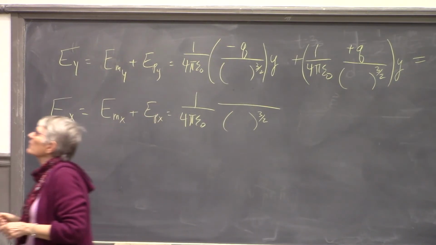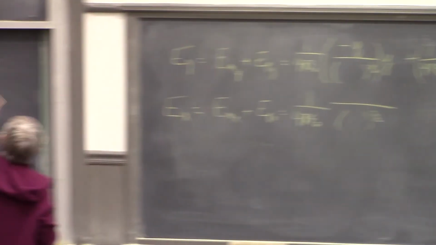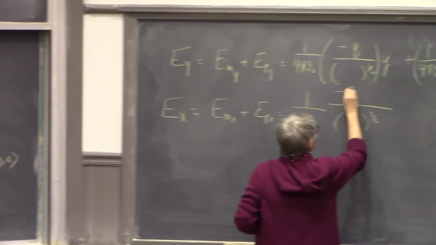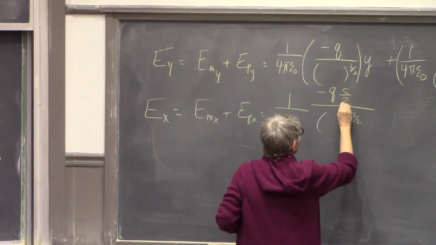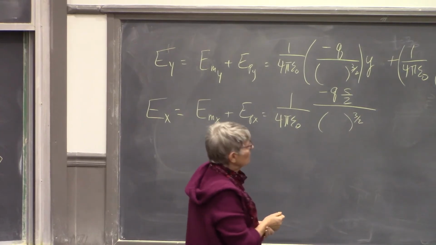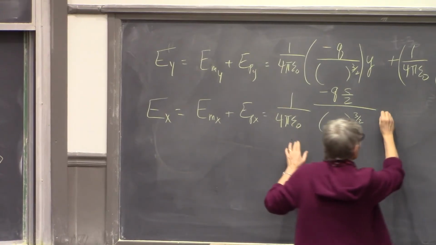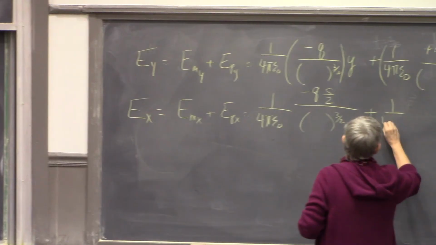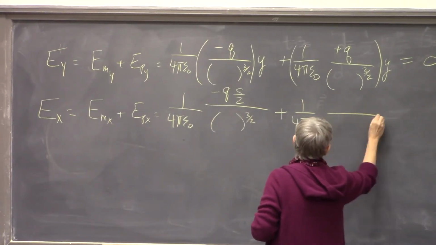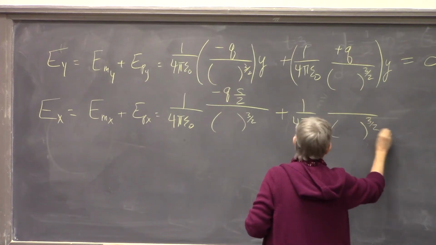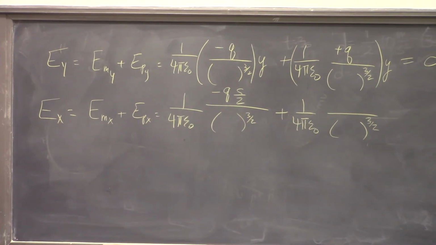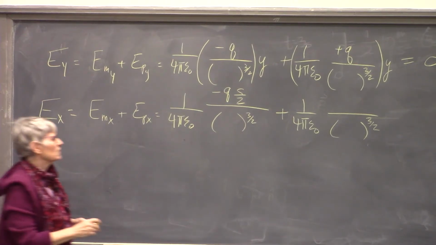In the top, we have a negative q times s over 2. And for the positive charge, we have a 1 over 4 pi epsilon 0, same denominator, and here we have a q times a negative s over 2.